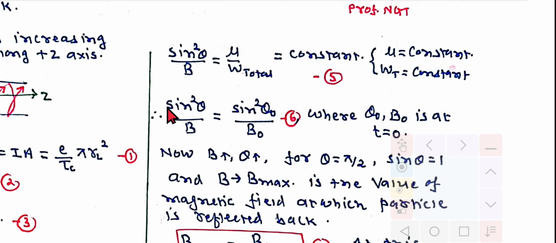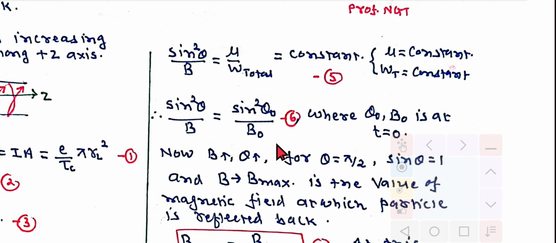So sin square theta divided by B equals sin square theta 0 divided by B0. What is theta 0 and what is B0? At initial time t equal to 0, the initial value of magnetic field is B0 and the initial angle of incidence is theta 0.